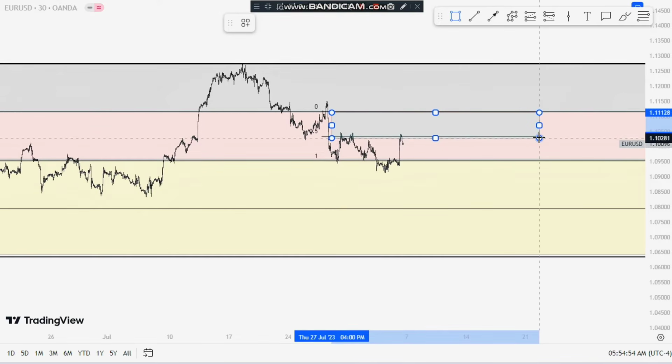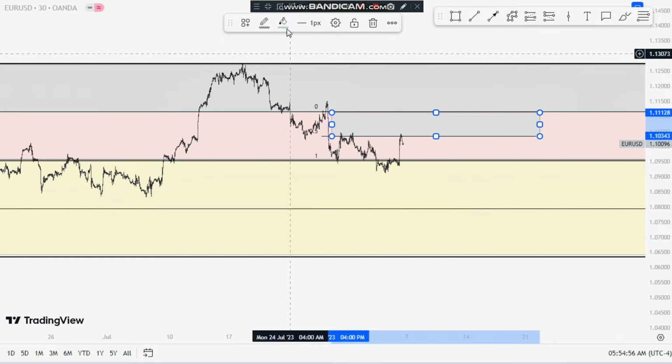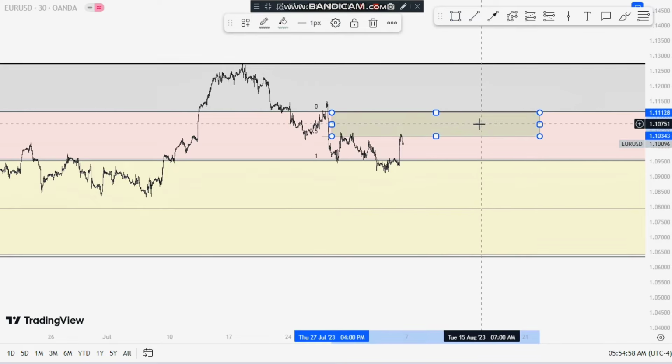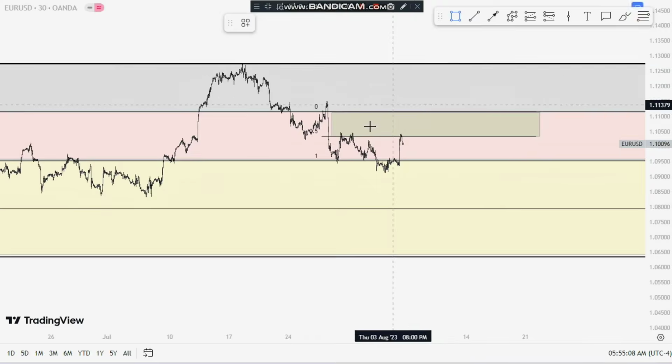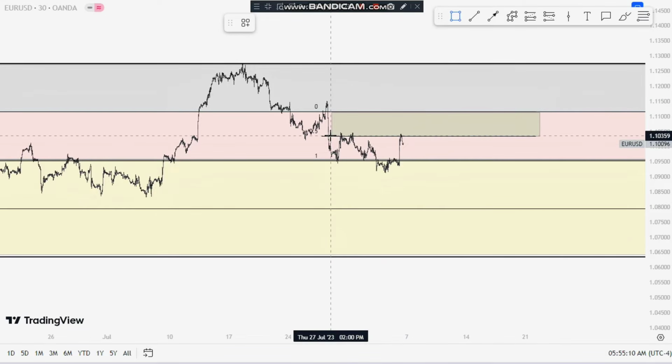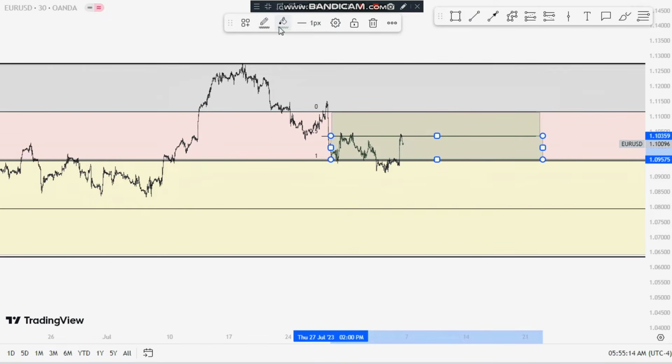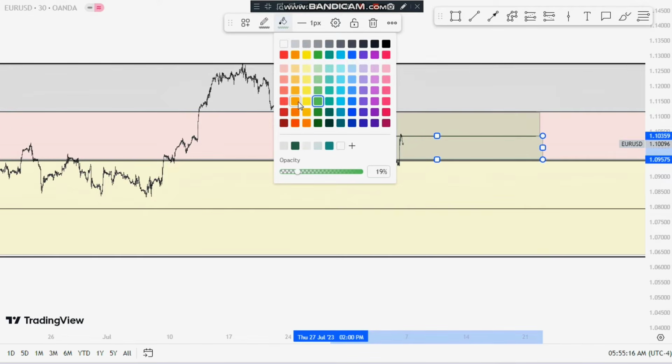Let me mark it for you. This will be your premium, this will be your discount, and you can see the price went up and came down, went up again, it's going down. So it gives you a good idea of where the market is headed next.